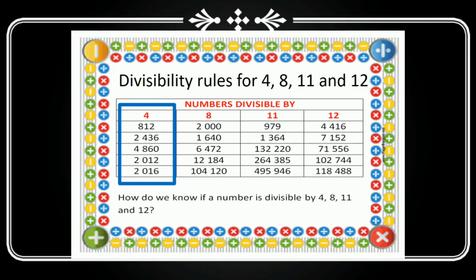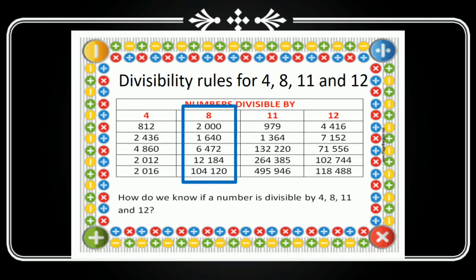We have 812, 2,436, 4,860, 2012, and 2016. For numbers divisible by 8, we have 2,000, 1,640, 6,472, 12,184, and 104,120.